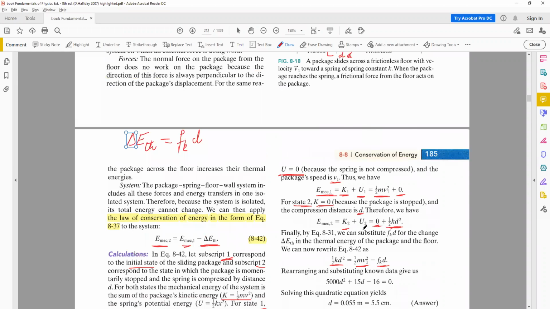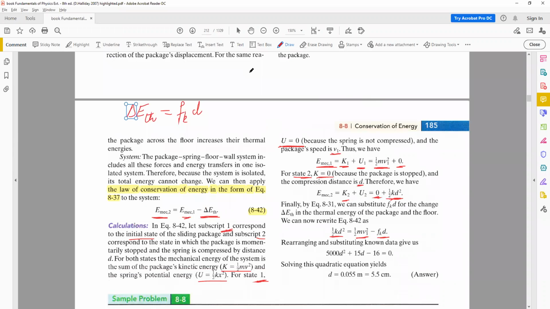10,000 Newton meters. So this was half multiplied by 10,000 Newton meters multiplied by d squared. We don't know d squared. So d squared is equal to half multiplied by the mass. The mass was 2 kg, multiplied by the velocity squared.